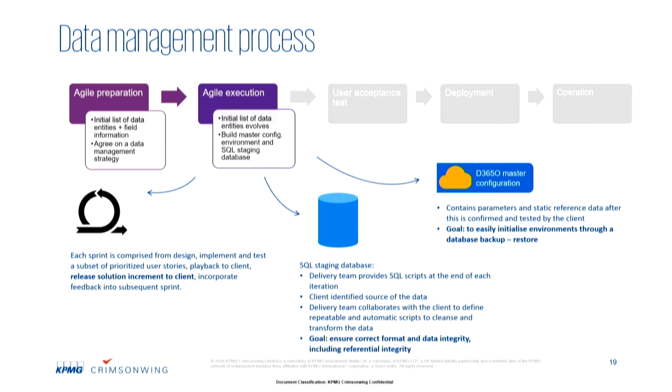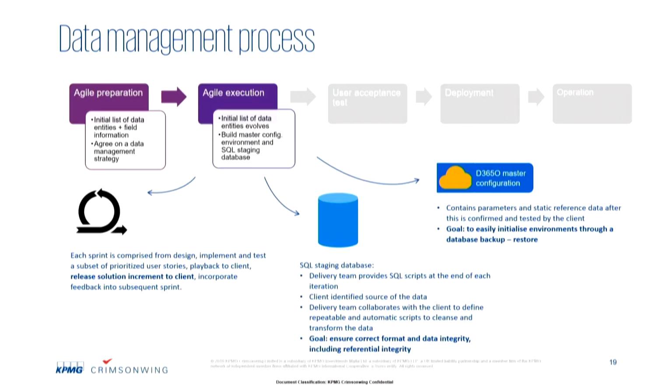At the end of the execution, we are going to have, besides the solution of course, a SQL staging database and a master configuration environment. The SQL staging database will contain tables for every data entity which is in scope, and also the relationships between these tables. At the end of every iteration, the delivery team is going to provide SQL scripts to build up these tables.